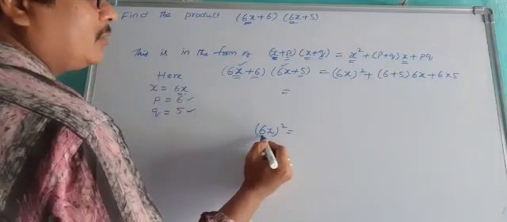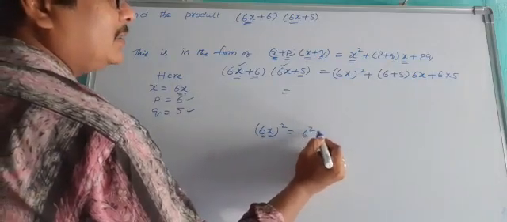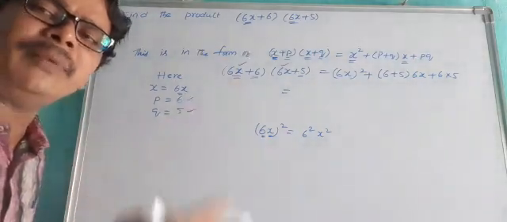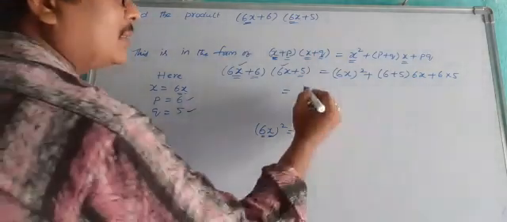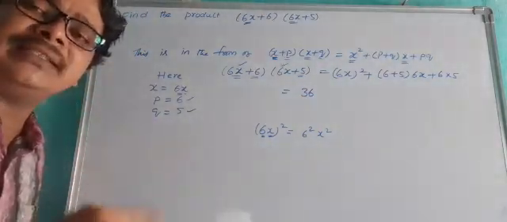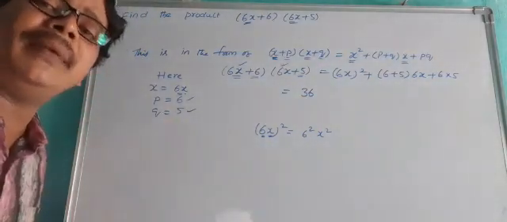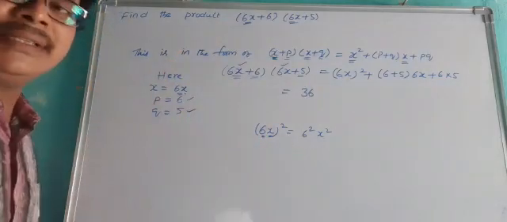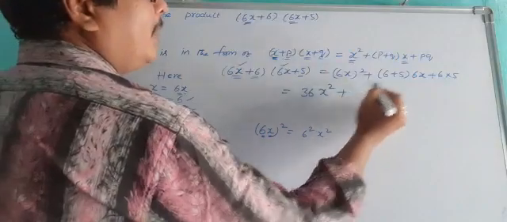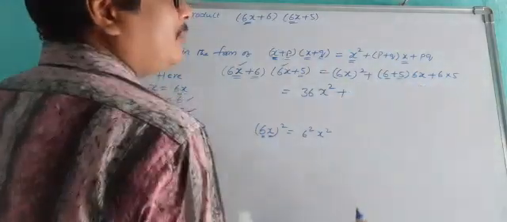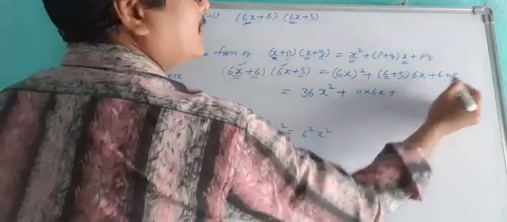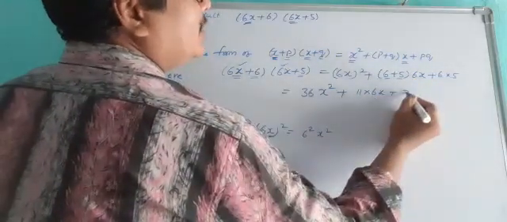This square belongs to 6 and x also. That means 6² x². 6² means 6 is multiplied 2 times, 6 into 6, 36. Don't multiply 6 into 2. So 36x², plus 6 + 5 = 11, into 6x, so 66x, plus 6 into 5 is 30.